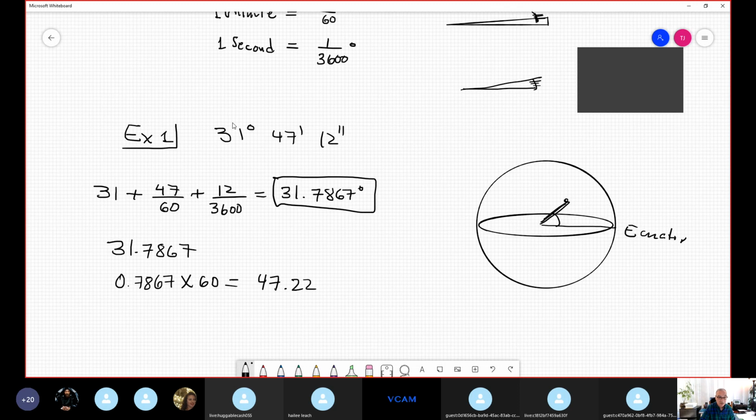And you take again the decimal part, 0.22, and multiply by 60 again, and that gives me 12.2. So this is equivalent to 31 degrees, 47 minutes, and approximately 12 seconds.